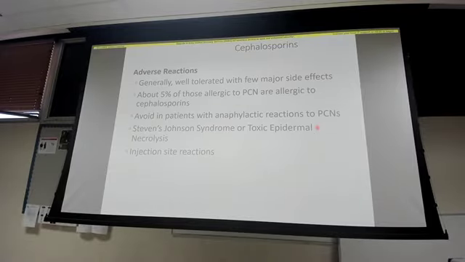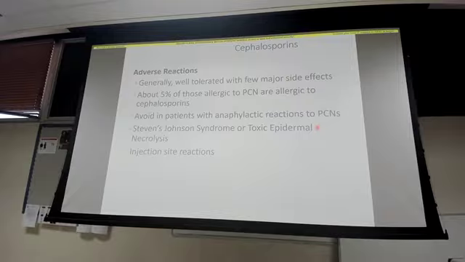Looking at my adverse effects, just like our penicillins, for the most part they're very well tolerated. We have that very low chance of cross reactivity with our penicillins. There is a chart that you will see, and I'm not going to make y'all remember this. It's a chart where you can look at the different cephalosporins and it shows you all of their side chains and the likelihood of cross reactivity if they were allergic to a penicillin.